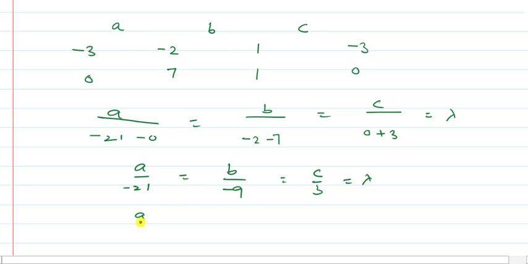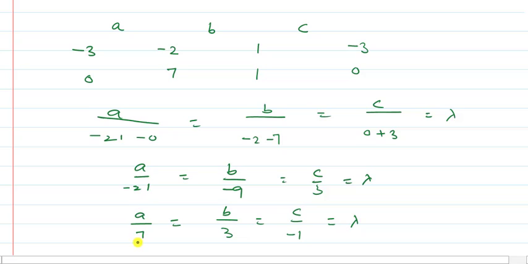Simplifying these, dividing by the common part in all these 3, which is 3, and taking -3 common, we get a upon 7 is equal to b upon 3 is equal to c upon -1 is equal to lambda.